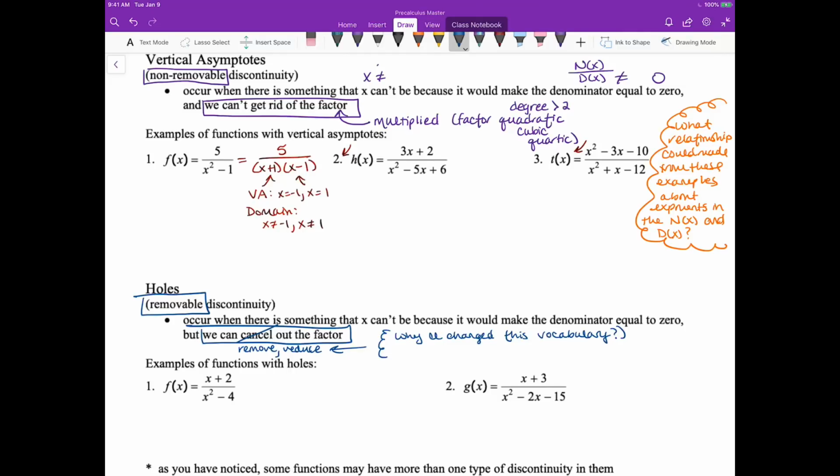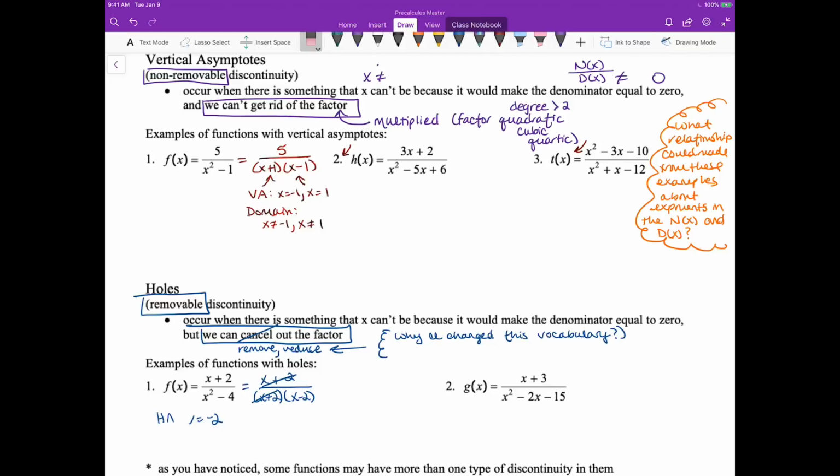So let's look at these examples, and I see if I factor the denominator, we have x plus 2 and x minus 2, and the x plus 2 cancels out, which means we have a hole at x equals -2.